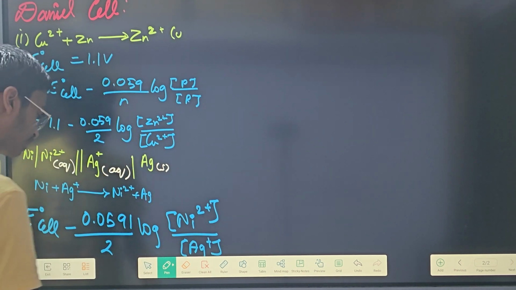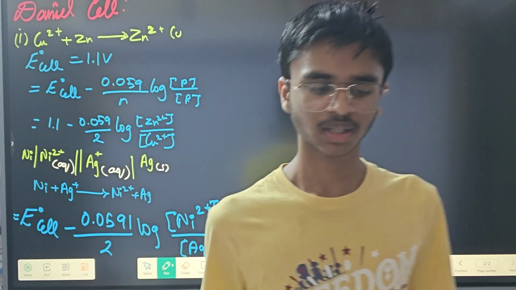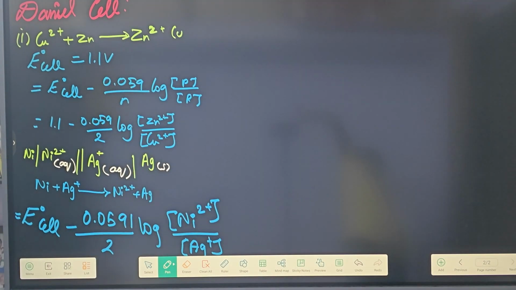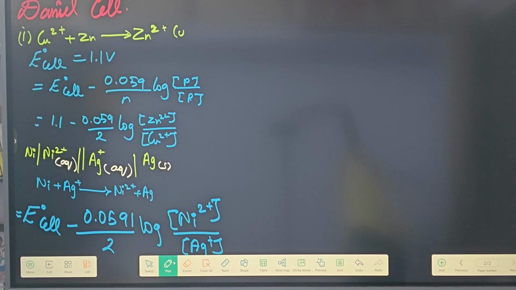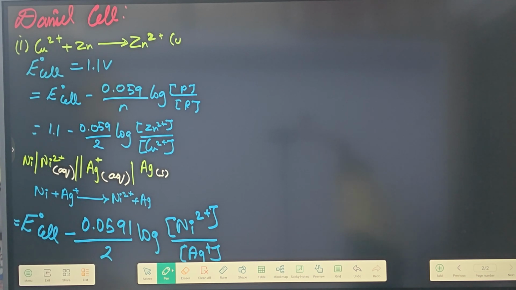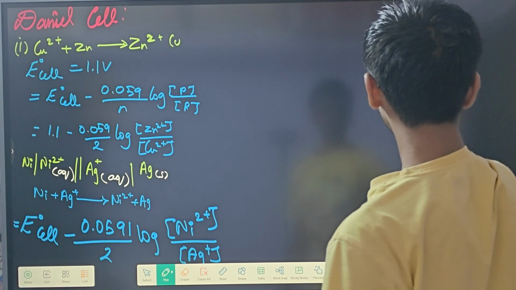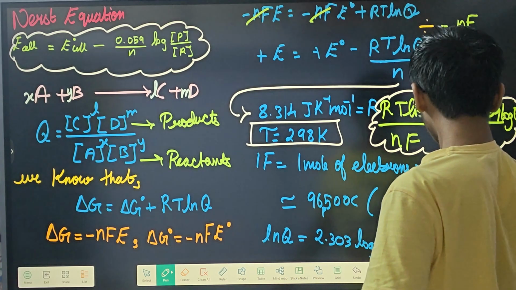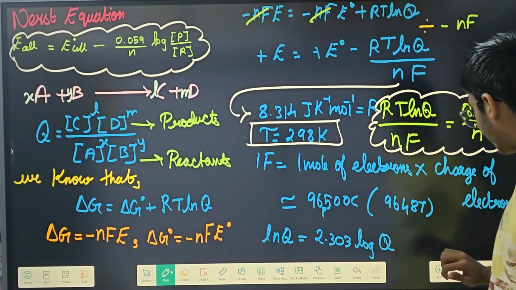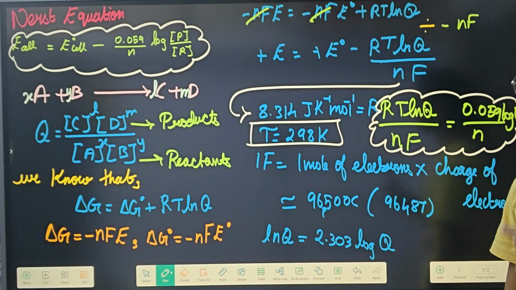Actually, I think I said something wrong. One second, I'll confirm it. Yes, I made a mistake. I said that the Nernst equation will be used only in standard conditions, but I said it exactly opposite.